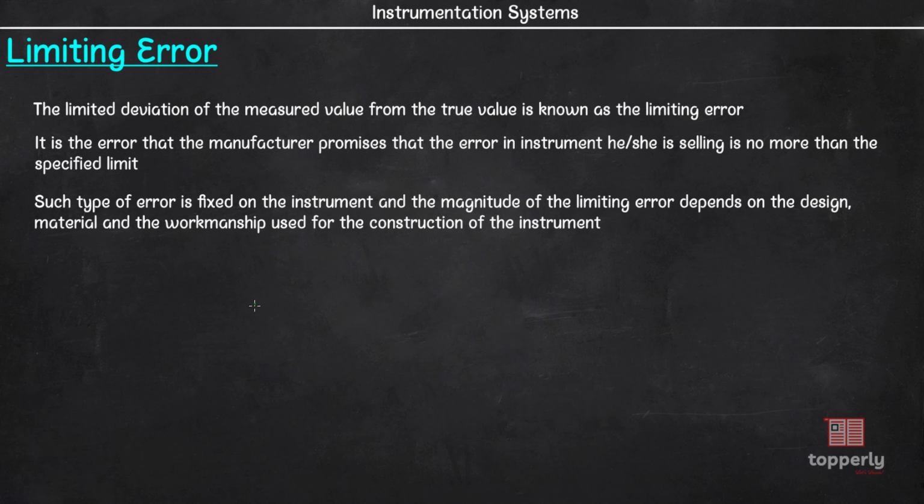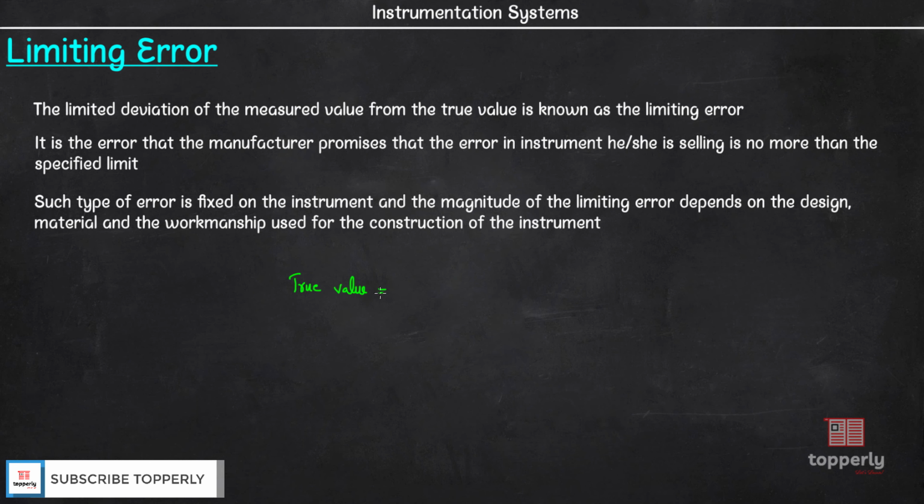For example, consider a resistor having a nominal value of resistance as 200 ohm, that is, true value is equal to 200 ohm. Also, it is specified that the resistor has a limiting error of plus or minus 9 ohm.